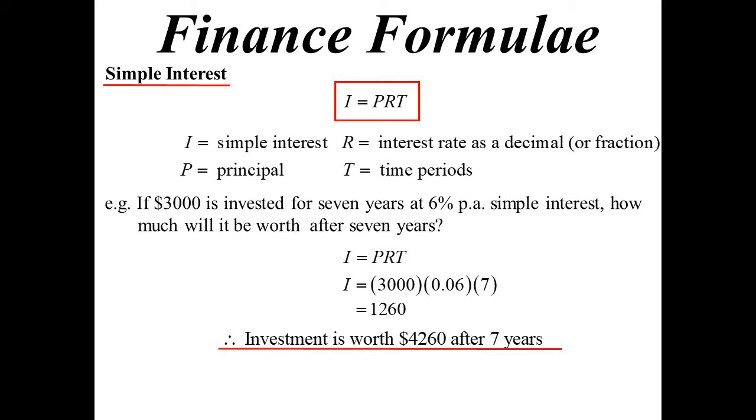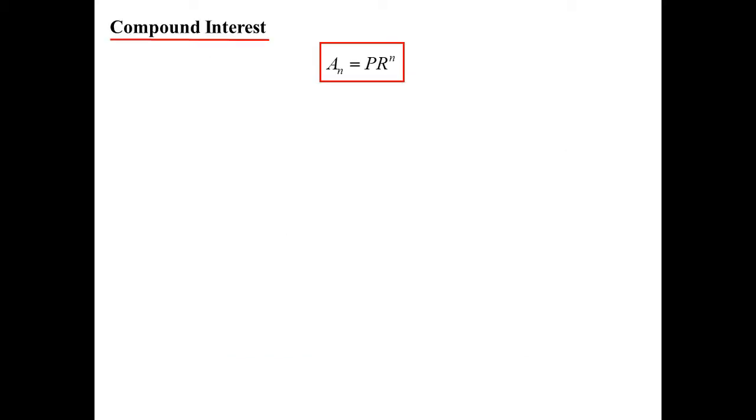It's called simple interest because it's a very simple idea. In reality, that's not how interest is charged on investments and things like that. That's where we move on to compound interest, which is more realistic. And here's our formula.